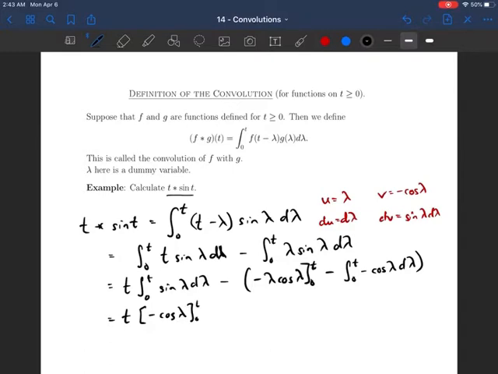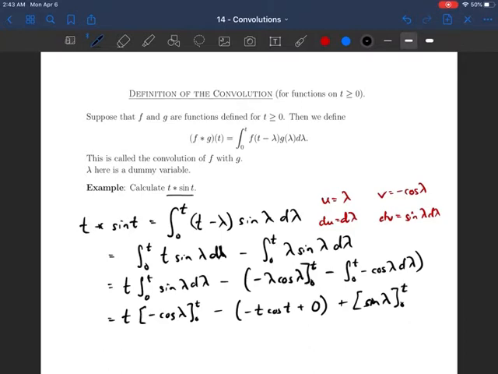Lots of minus signs in there mess us up a little bit, but we'll be all right. All right, so first one, t, here we have minus cosine lambda between 0 and t, minus, let's see, we're going to get minus t cosine t plus 0.